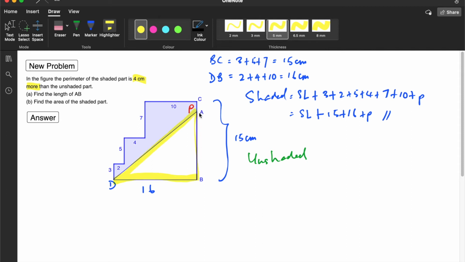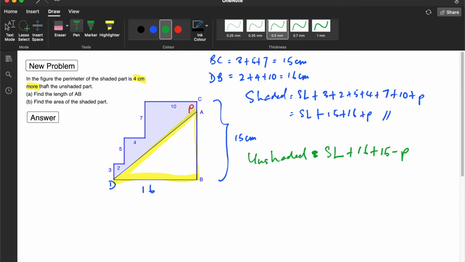We do not know what AB is, but AB is actually 15 minus P. So it is equal to the slant length plus 16 plus 15, but I have to minus the P, because 15 is from top to bottom, BC, whereas we are only interested in AB.